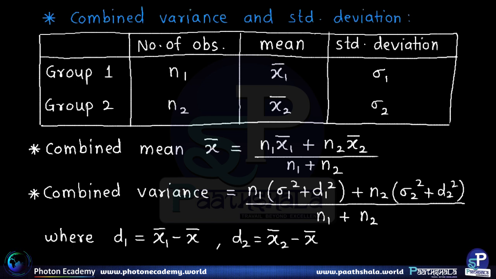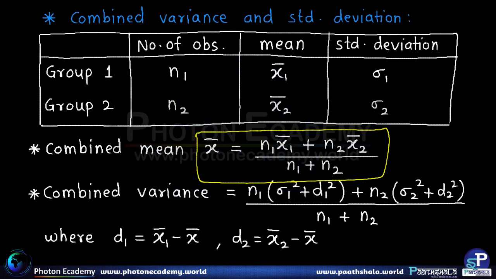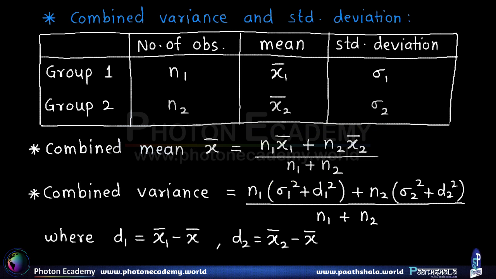So based on this data, we first calculate the combined mean of the two groups, and that is as per the formula mentioned here. That is, the combined mean x bar is given by n1 x1 bar plus n2 x2 bar whole upon n1 plus n2. If you look closely at this formula, you will come to know that it still follows the fundamental concept of finding the mean.